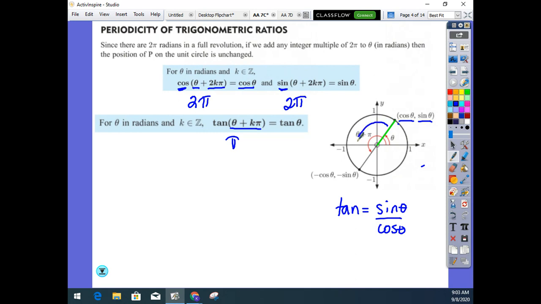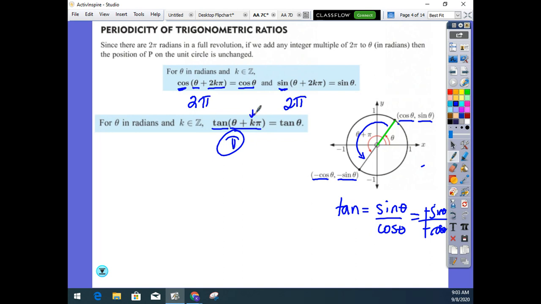If I go 180 degrees or pi, that's going to put me at negative sine over negative cosine, which the negatives cancel and gives me the same thing. So we say cosine and sine have a period of 2 pi, and tangent has a period of pi.